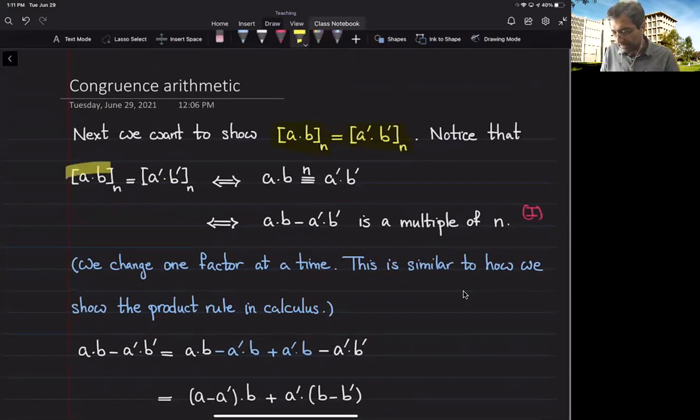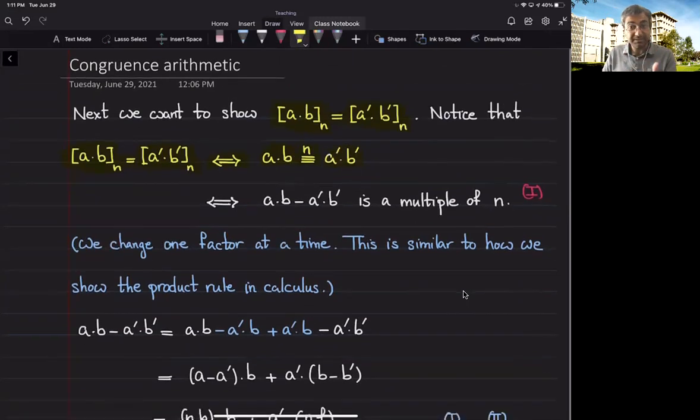Again, that means this is equal to this if and only if A times B is congruent to A prime times B prime modulo n. And by definition, that means A times B minus A prime times B prime is an integer multiple of n.